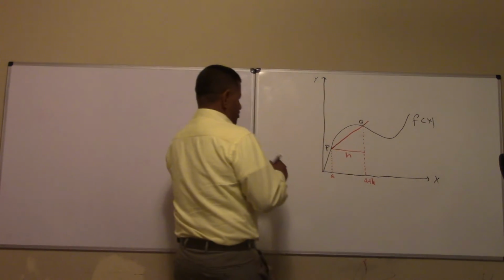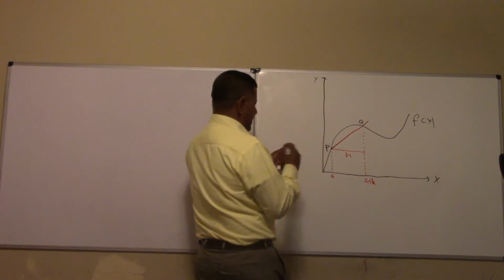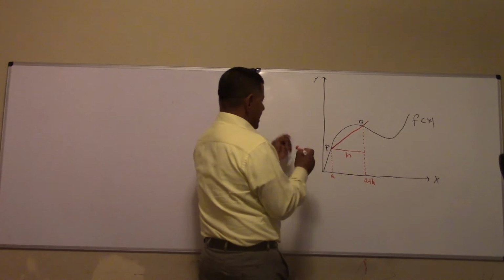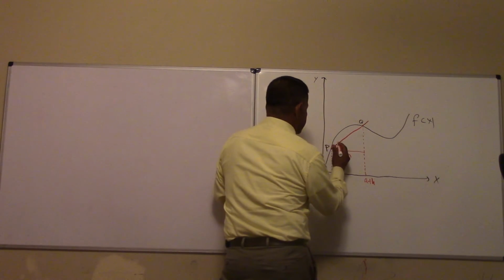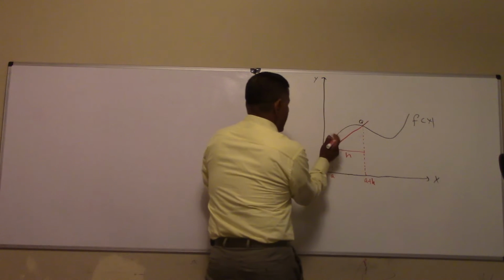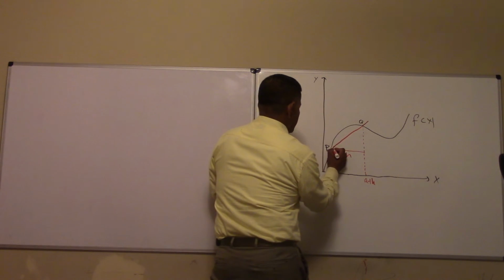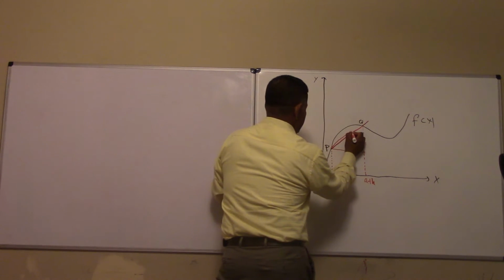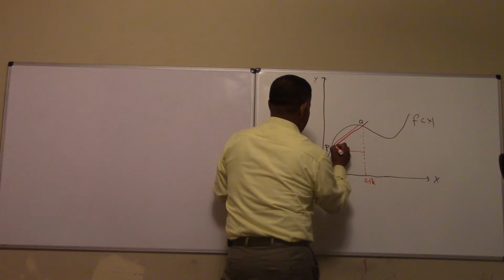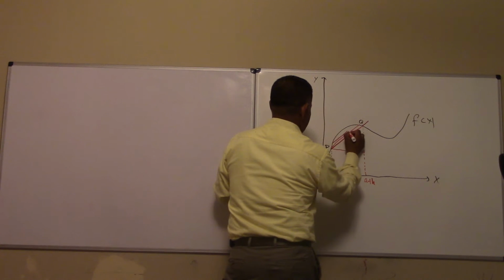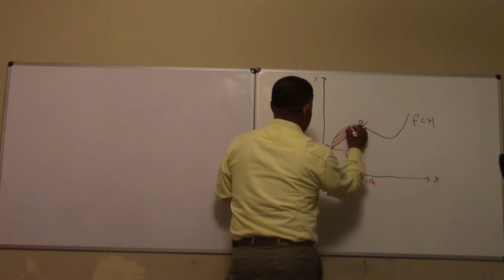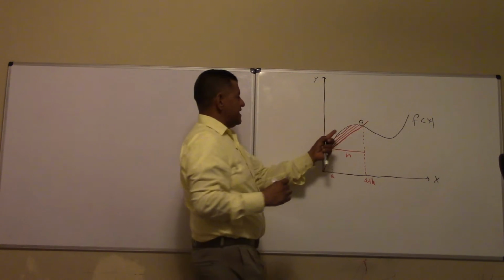So this is the second line, and I am getting this second line closer and closer and closer. At this point I'm still getting a second line.